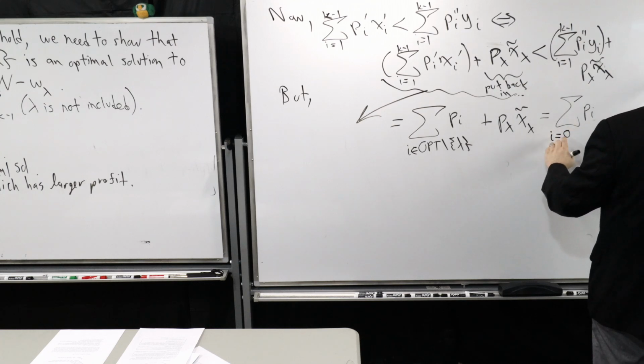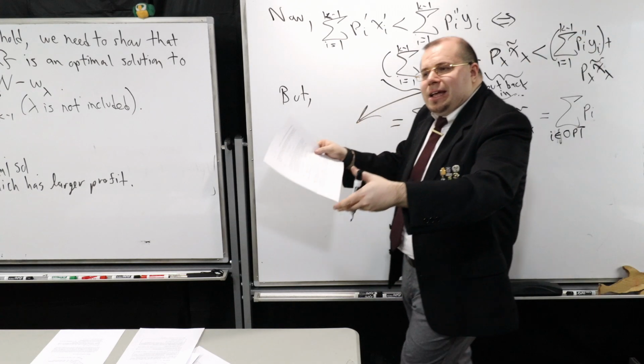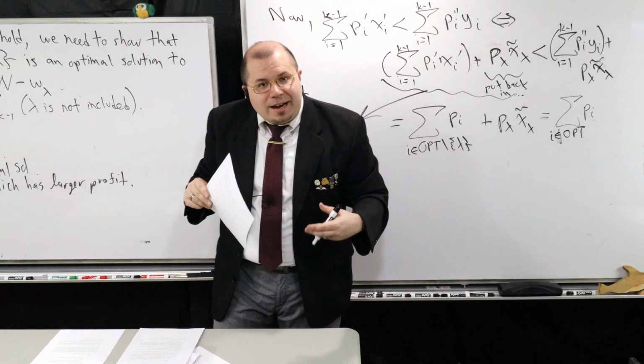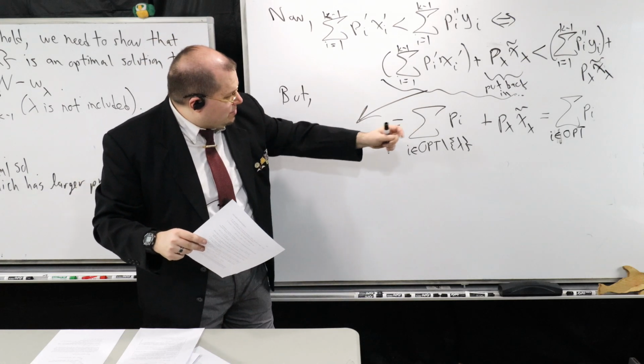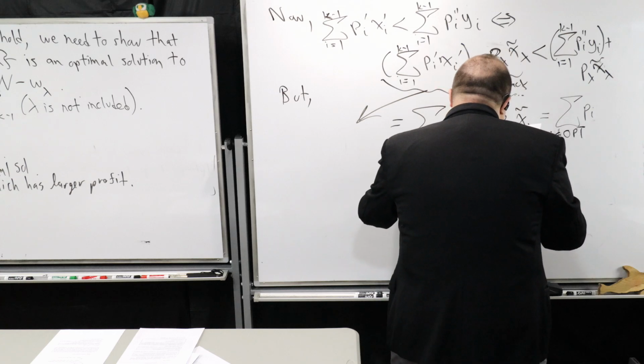So this is the paste part I'm referring to. I just slap it together. I just add back in the item that's missing and, boom, there's the optimal solution.